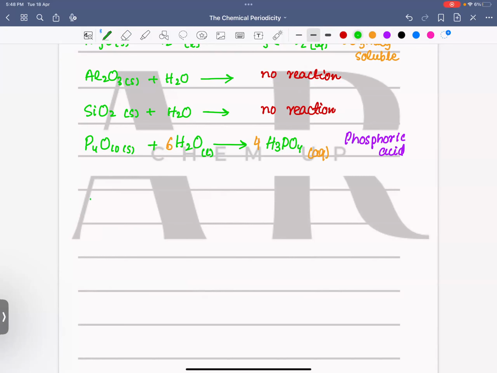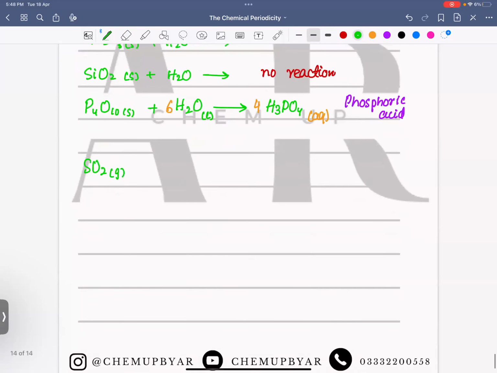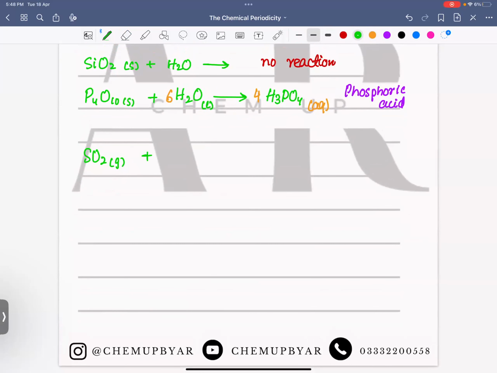Now, the other oxide is SO2 gas. When it dissolves in water, what would happen? H2SO3 would form. And what is H2SO3?